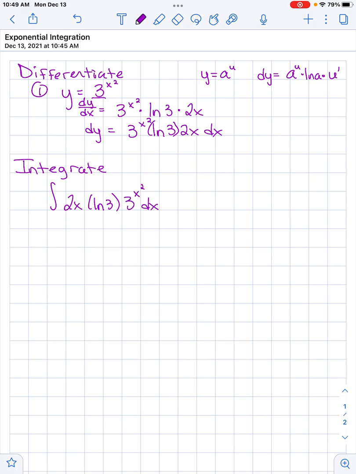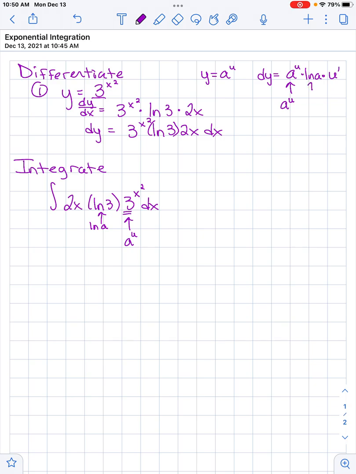dx. What gives me a clue that this was an exponential, of course, is this part right here. This part is the a to the u part. That's part of the derivative. The other part of the derivative is the natural log of 3, that's the natural log of a.